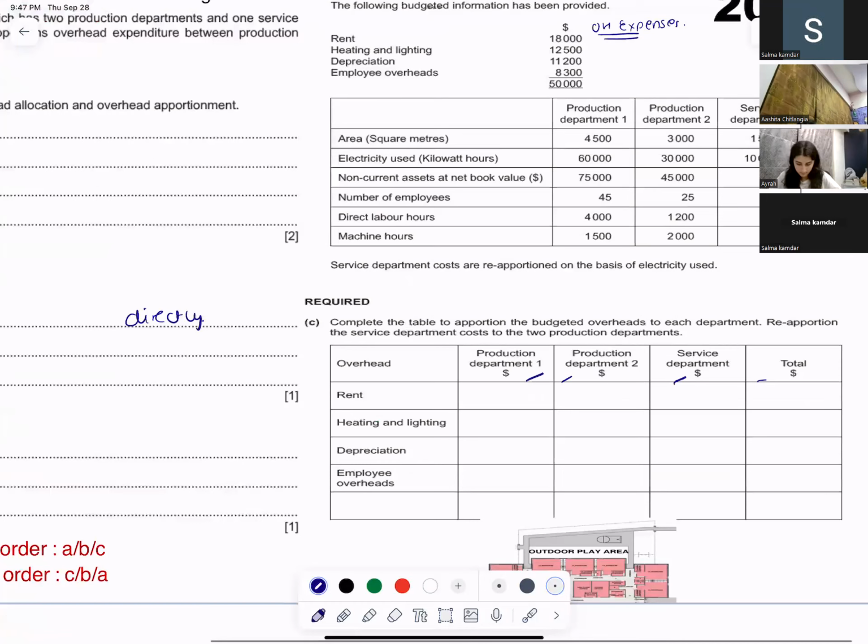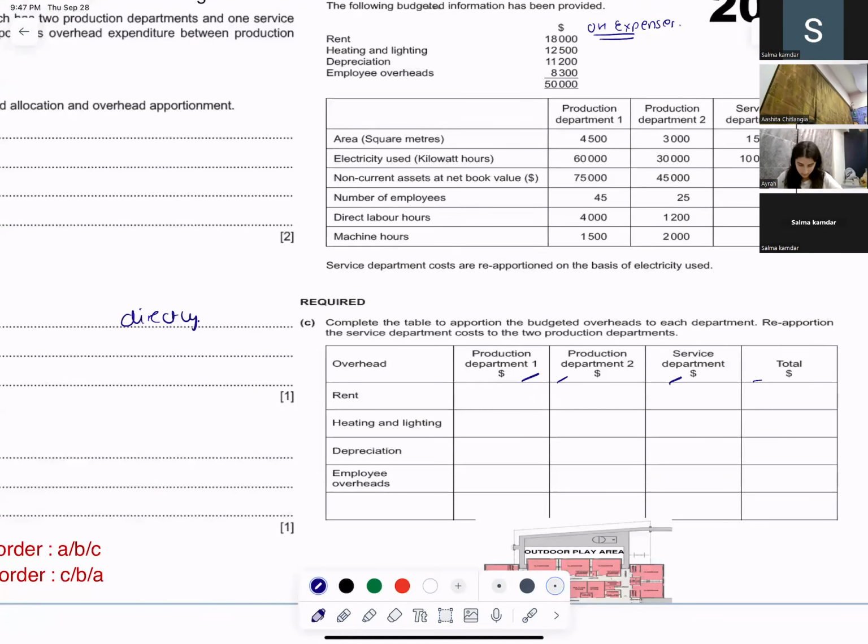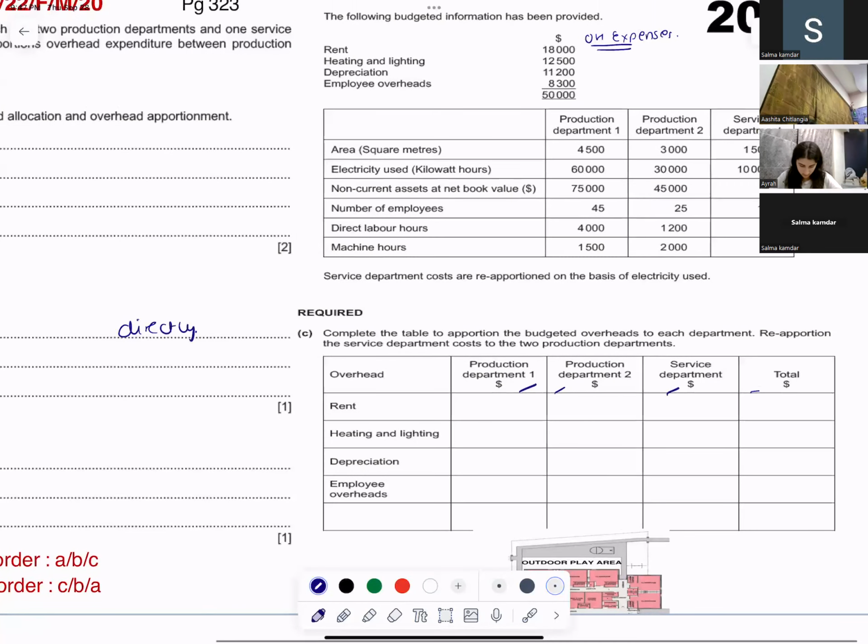Okay. So rent is apportioned on what basis? Area, square meter.